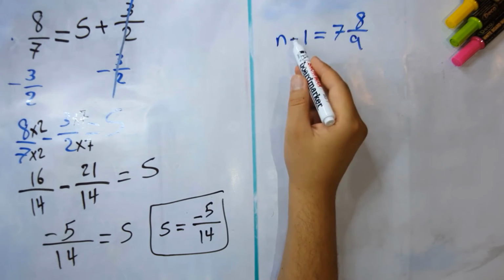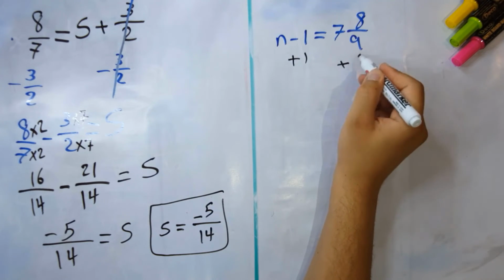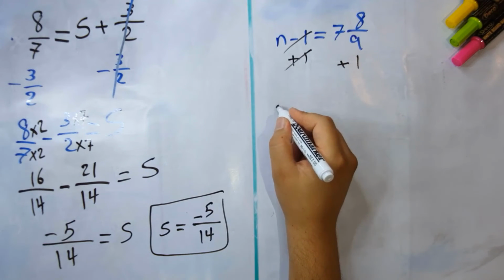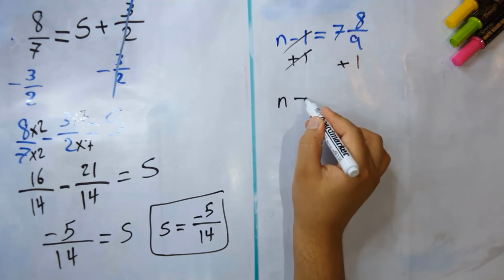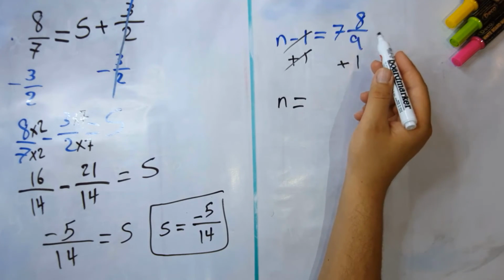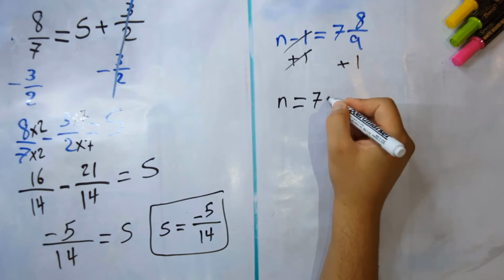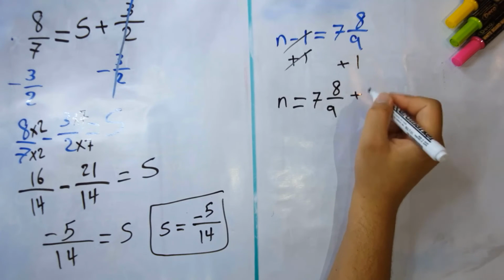It's easy. We should remove minus 1, then do plus 1 in two sides. Minus 1 and positive 1 is 0. Then the remainder in this side is n, and in the other side we have 7 and 8 ninths, and a whole number 1.